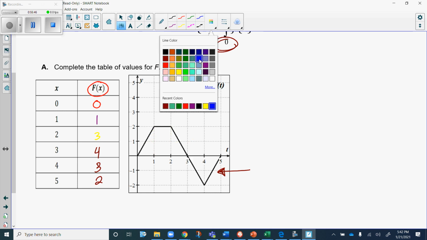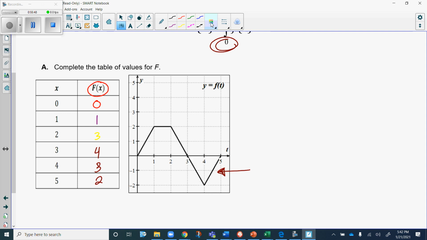So we have (0, 0), (1, 1), (2, 3), (3, 4), (4, 3), and (5, 2).